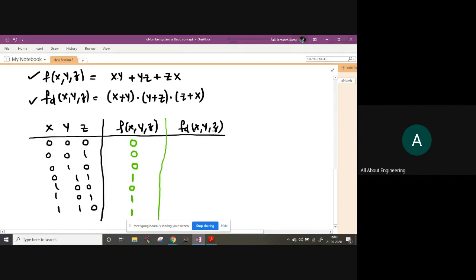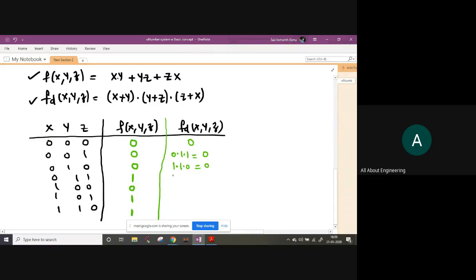Okay, then what is the value of the dual? X plus y, or here x plus y: 0 plus 0 is 0, 0 plus 0 is 0, 0 plus 0, so this will be 0. And similarly 0 plus 0 and 0 plus 1 is 1 and 1 plus 0 is 1, so 0 and 1 and 1, which is obviously 0. Here 0 plus 1 is 1 and 1 and 0, again 0.